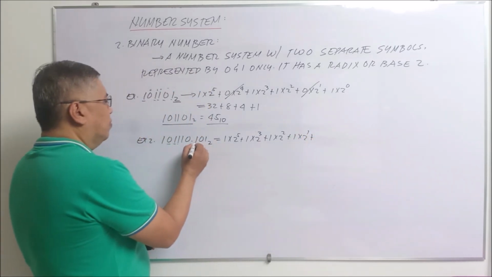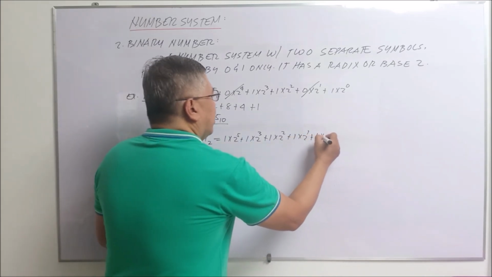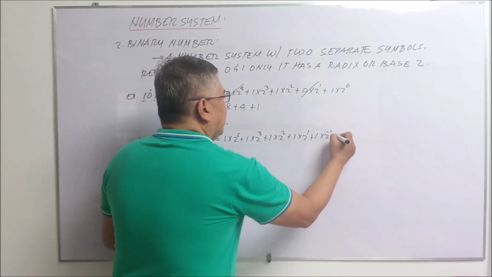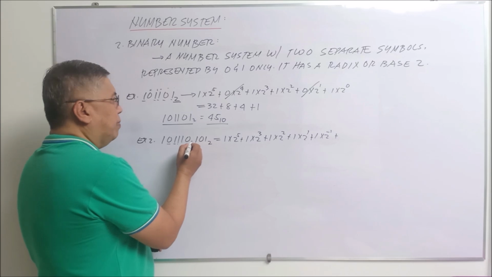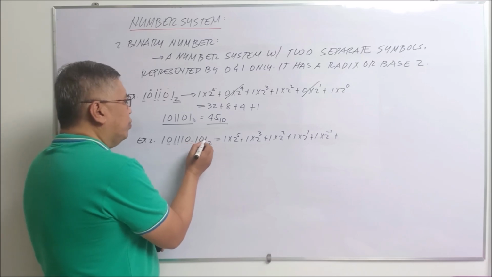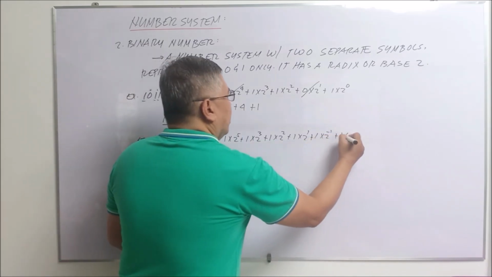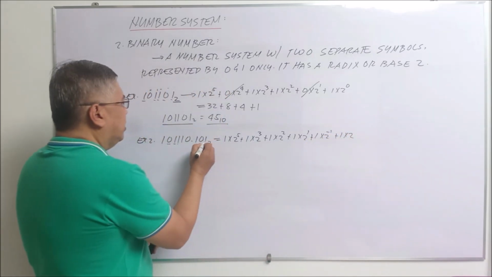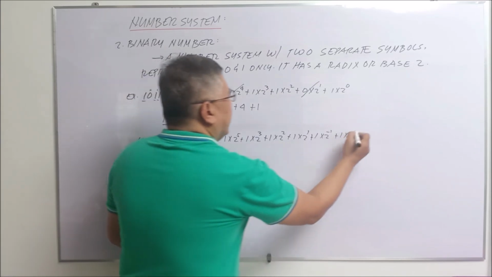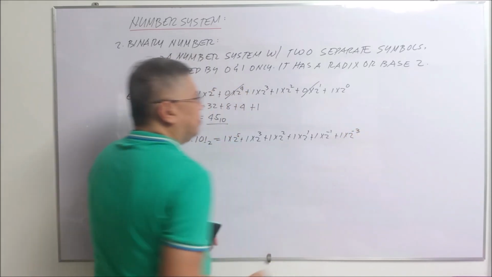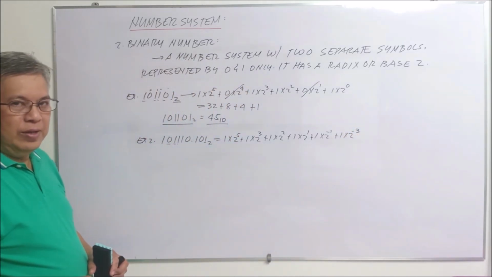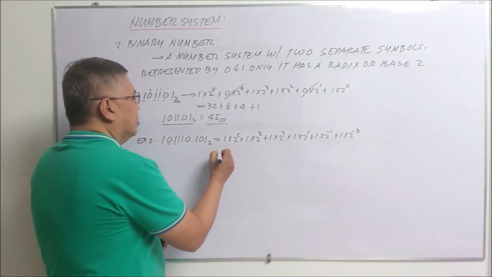Plus 1 times 2 to the minus 1. After a binary point, you have minus 1, minus 2, minus 3. Then you have 1 times 2 to the minus 3. Can you follow?